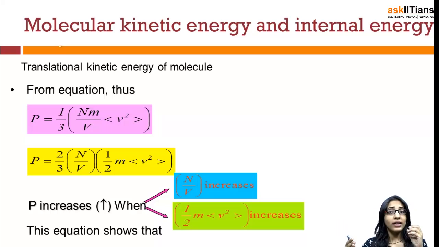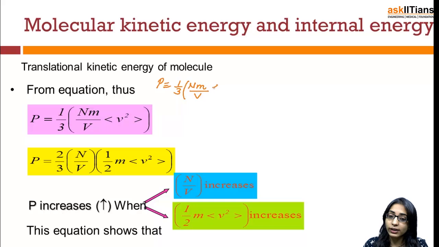That means the molecule possesses some translational kinetic energy, and in the previous slides we have seen that P was represented as 1 by 3 N m by V into v squared. So this was how we represented the pressure.